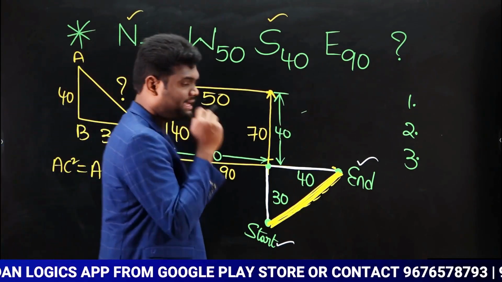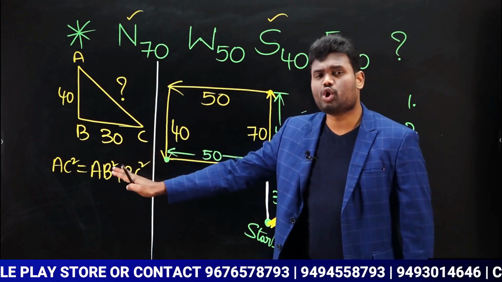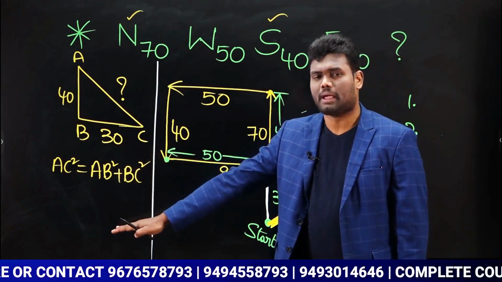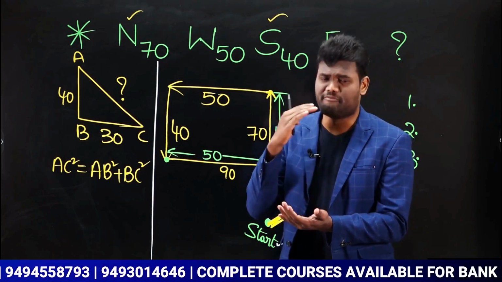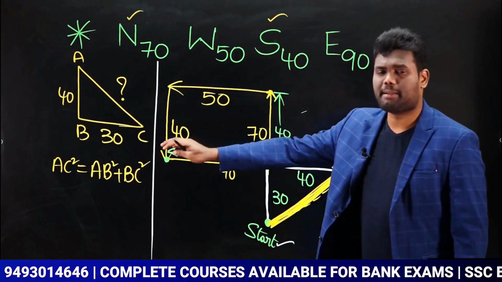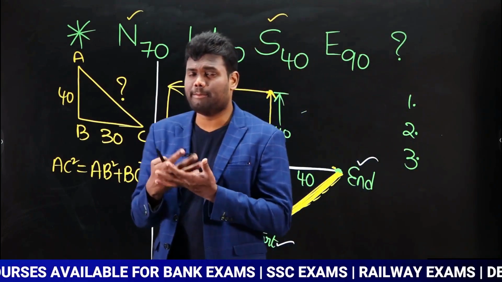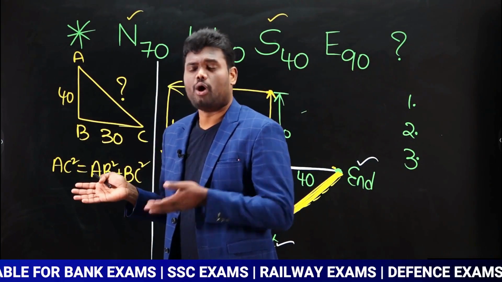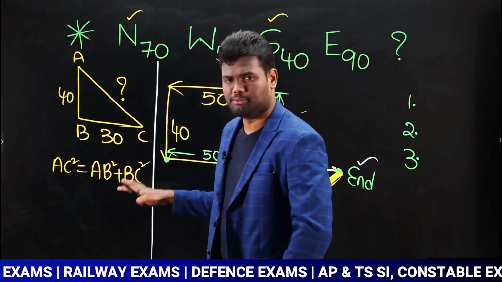This is what we have learned in our 10th standard, Pythagoras theorem. Truly speaking, I should not discuss all of these. But as I told that I am going to start from very basic level. That is the reason I am discussing each and every point clearly. Some of you may not be aware of these things. Already they have learned in childhood. Some of you may forget this. That is the reason again I am showing you.